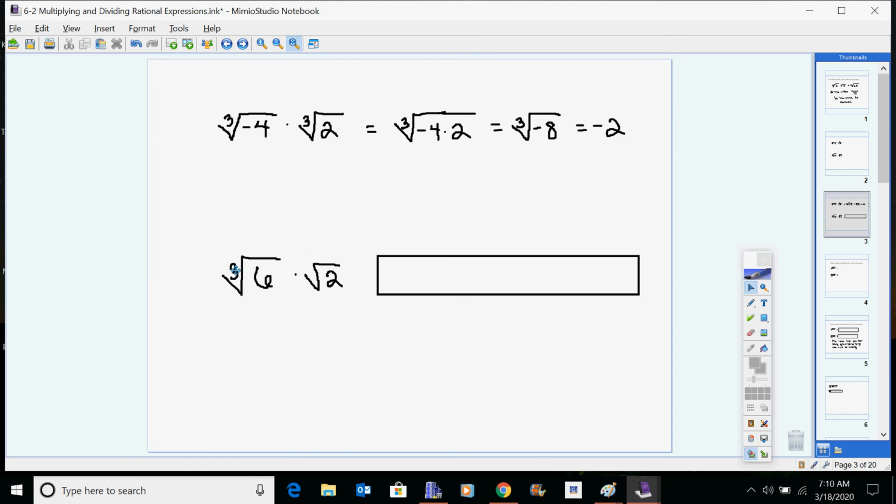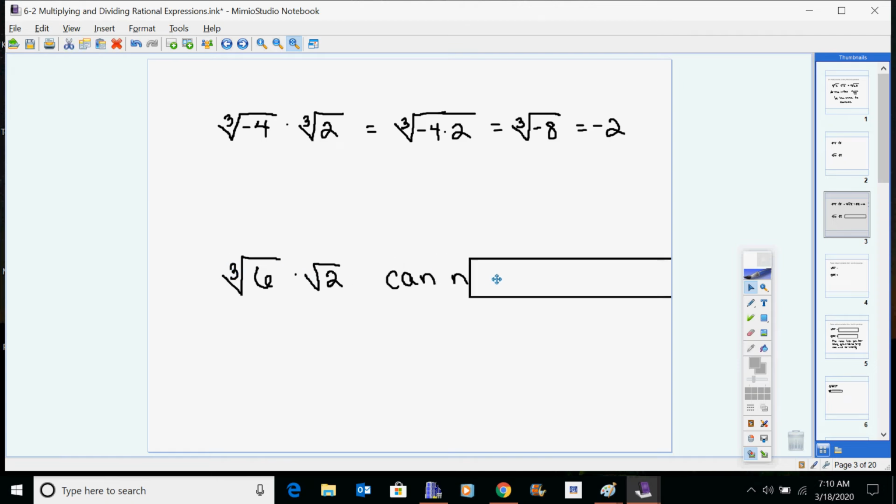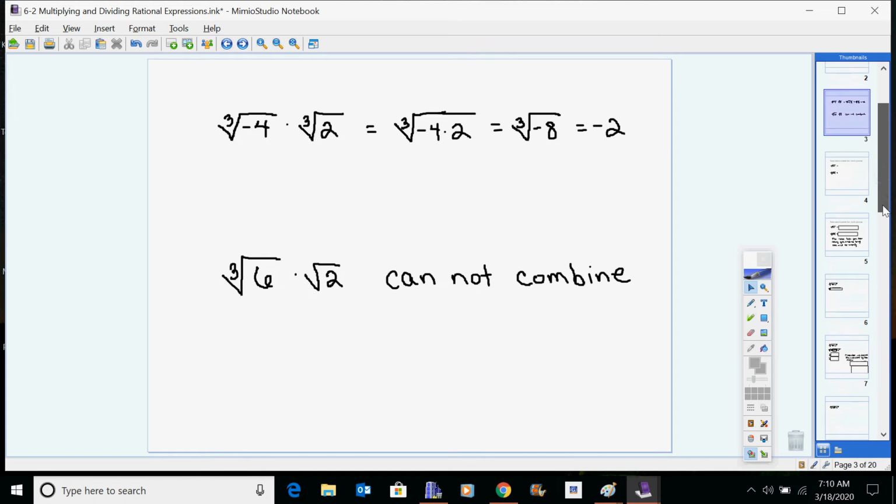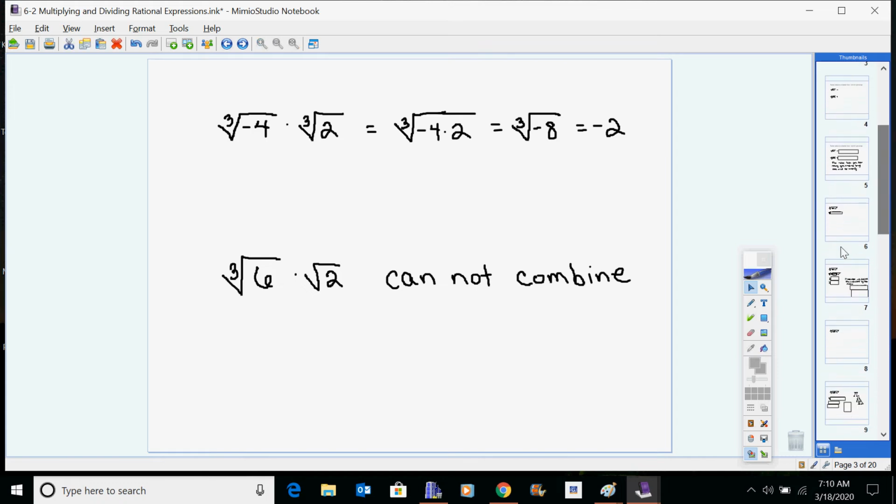These two, however, notice that this has an index of 3, this one has a hidden index of 2. So we can't combine them. These have to stay separate. They're two different radicals, two different indices, and so for now we can't combine them.